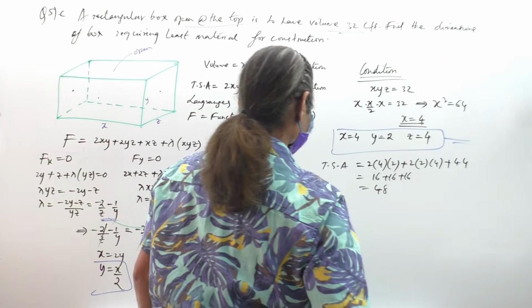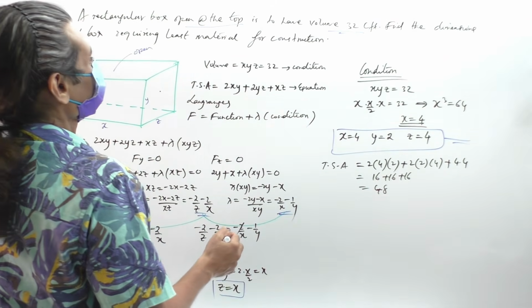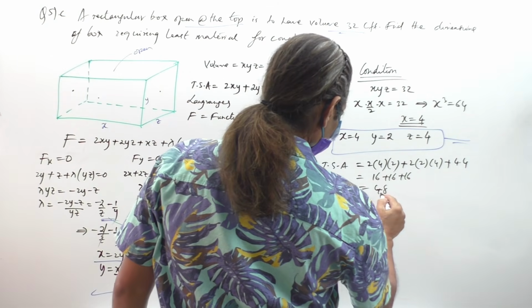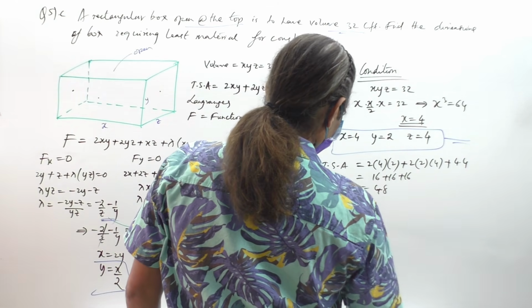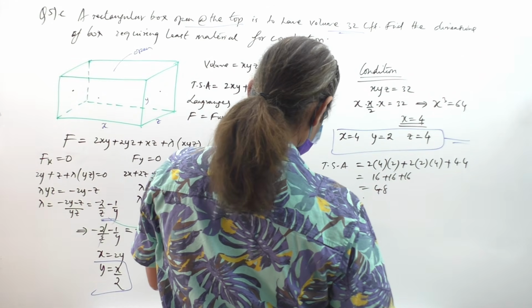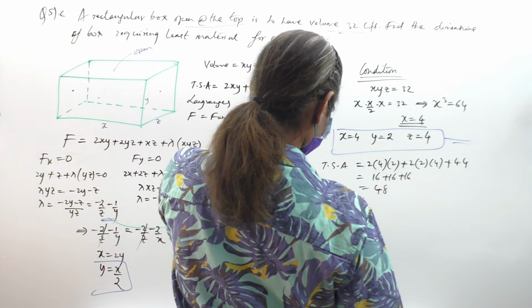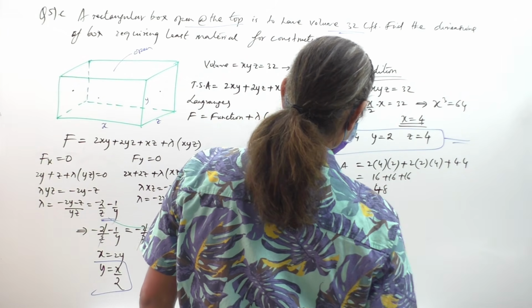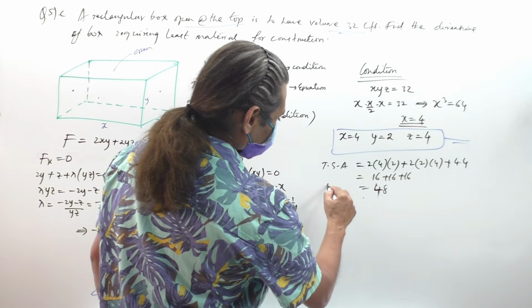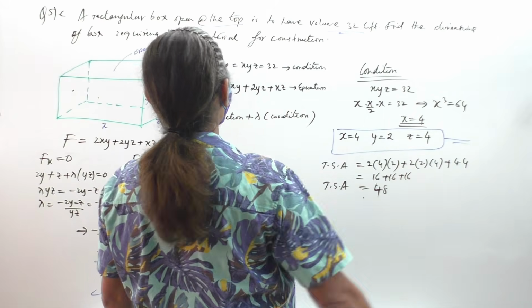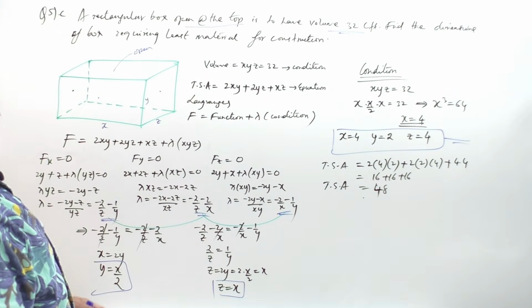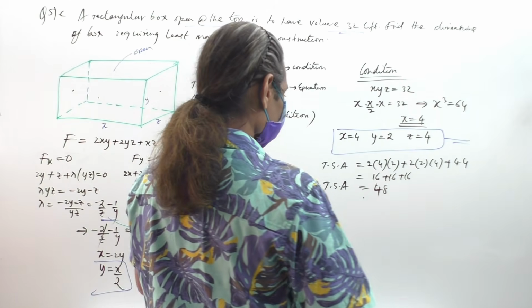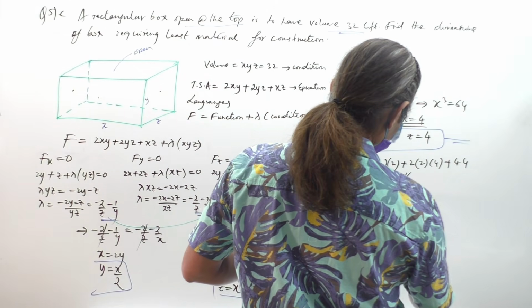So by Lagrange's multipliers, total surface area with this value is equal to 48.